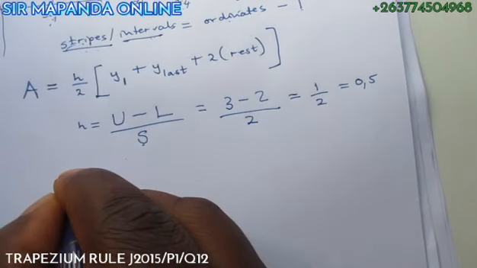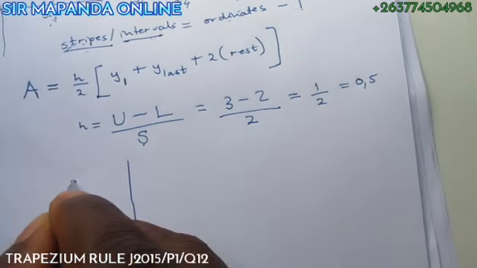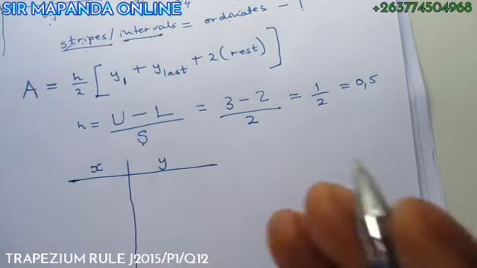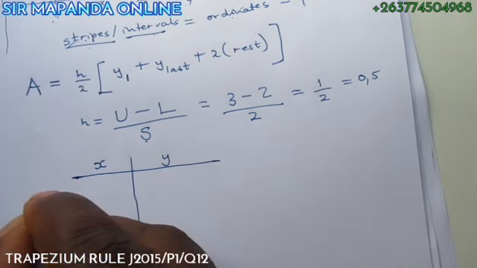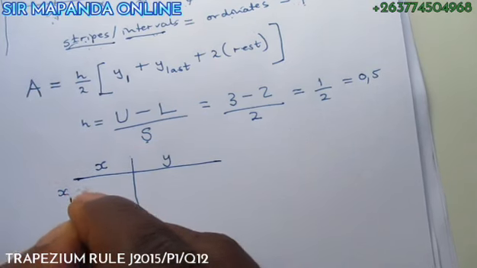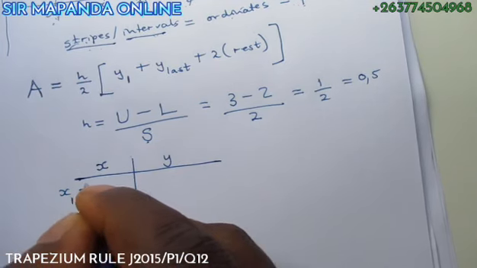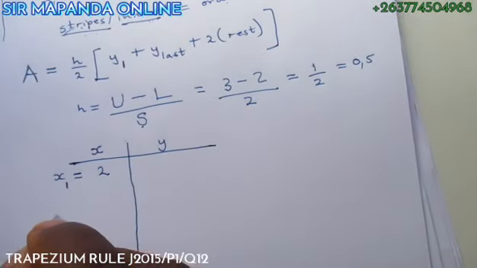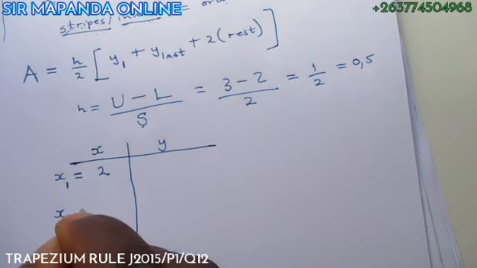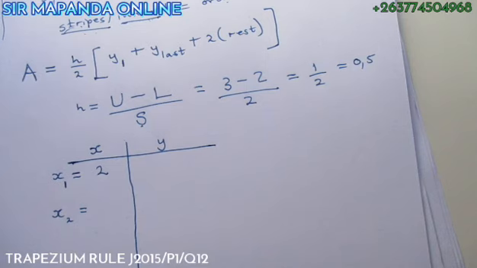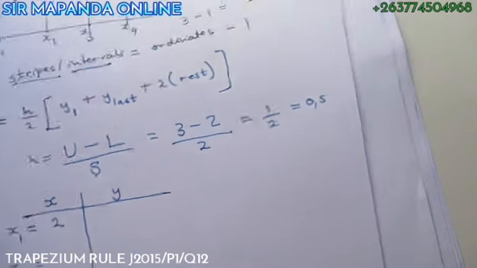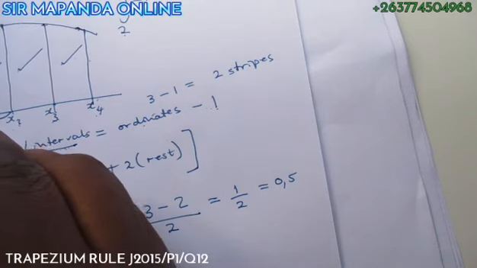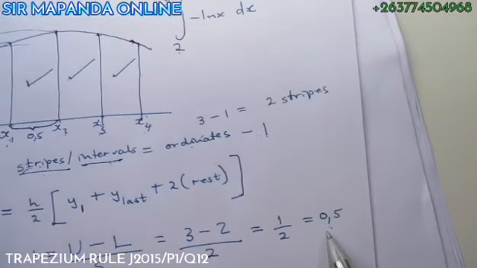Right, then I'm going to prepare a table for ordinates. On my left side, you have x ordinates. On my right side, you have y ordinates. So you have x1, which is the first x ordinate. This first x ordinate is equivalent to the lower limit, and our lower limit is 2. Then the second ordinate, x2, is found by adding the height, 0.5.